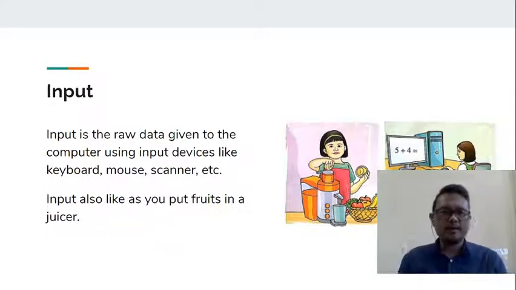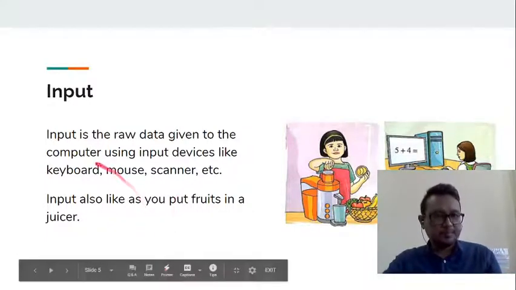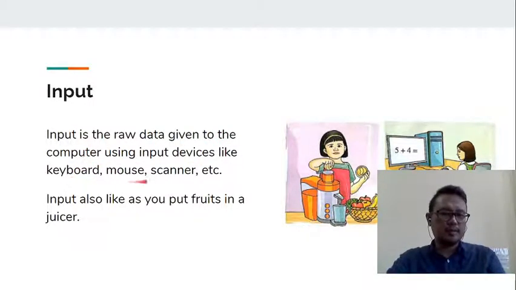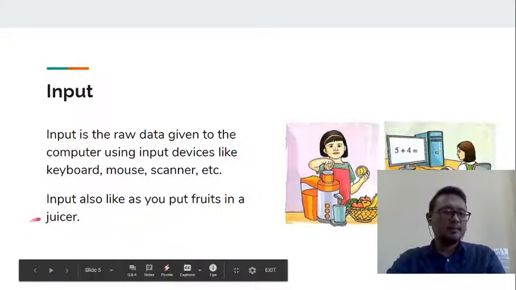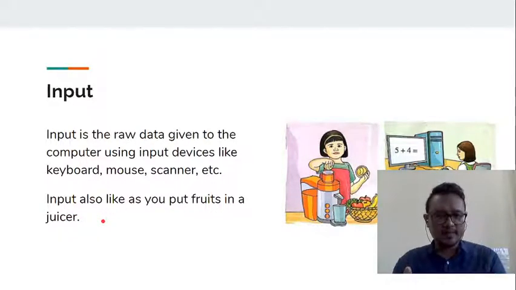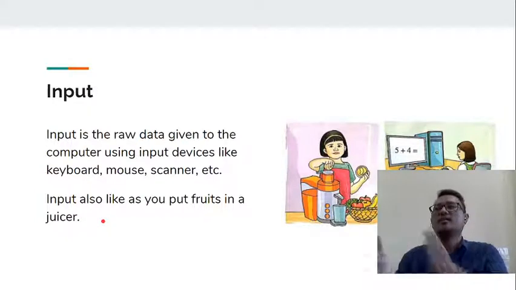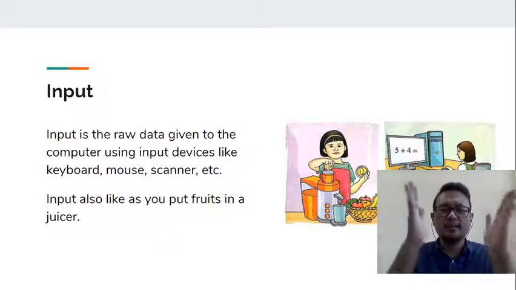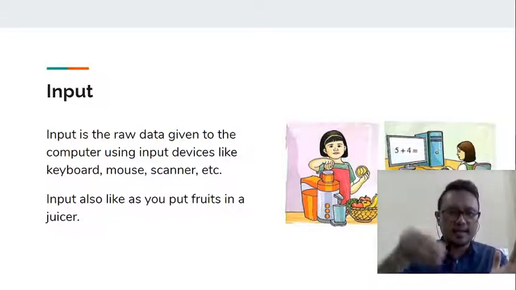In computer, input it means the raw data given to the computer using input devices like keyboard, mouse, scanner, etc. In this example, input also like as you put fruits in a juicer. In my example previously, input also like you go in from parking lot to mall, inside mall, go in.